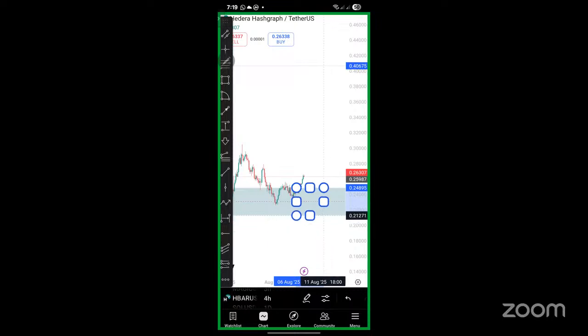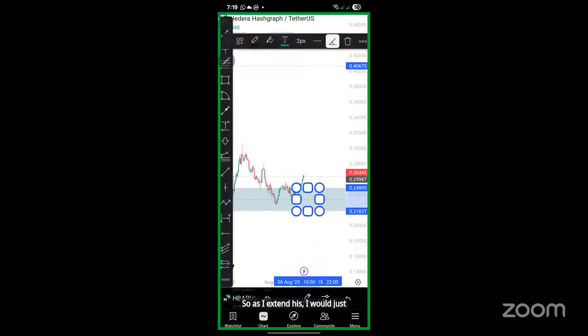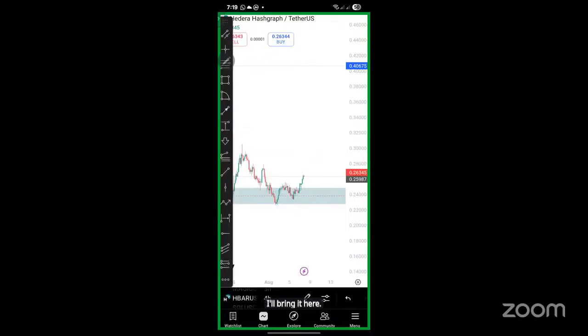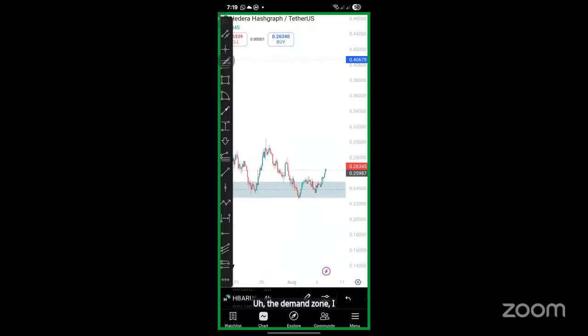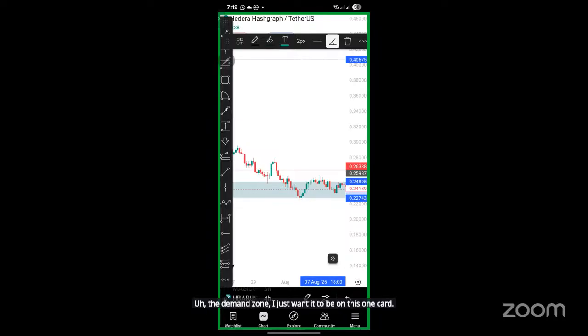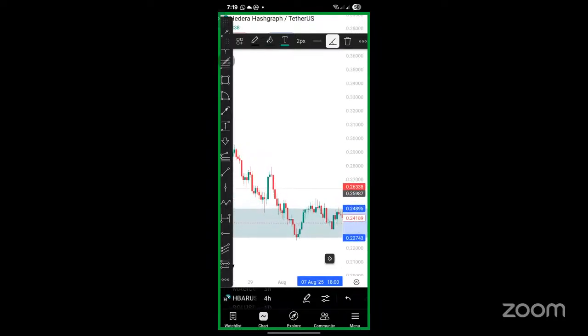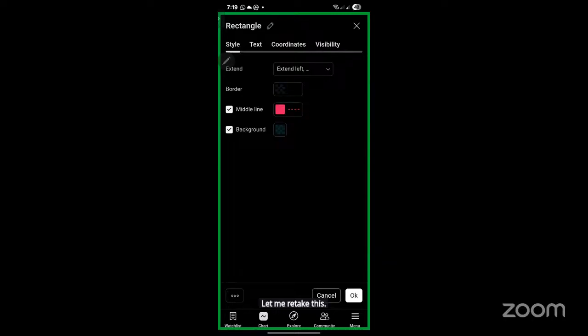So as I extend this, I will just tap on this and bring it here. So that is my demand zone. The demand zone, I just want it to be on this one candle. Let me do it like this.